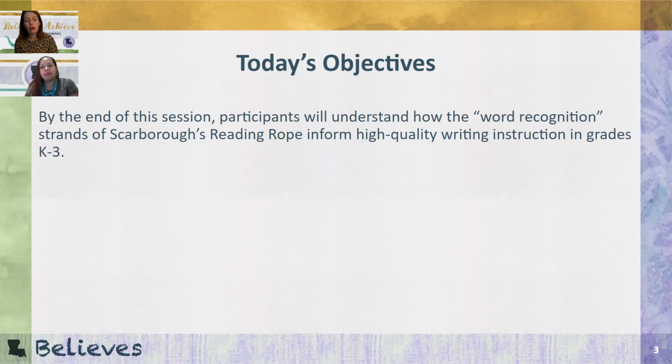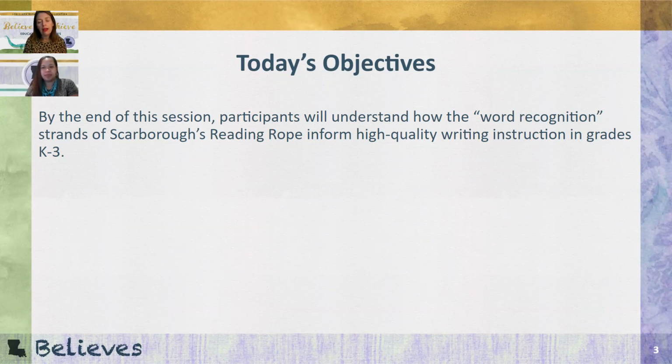Today's objective for this writing series is that by the end of this session, the participants will understand how the word recognition strands of Scarborough's reading rope inform high-quality writing instruction in grades K through 3. So let me just set a little context here.